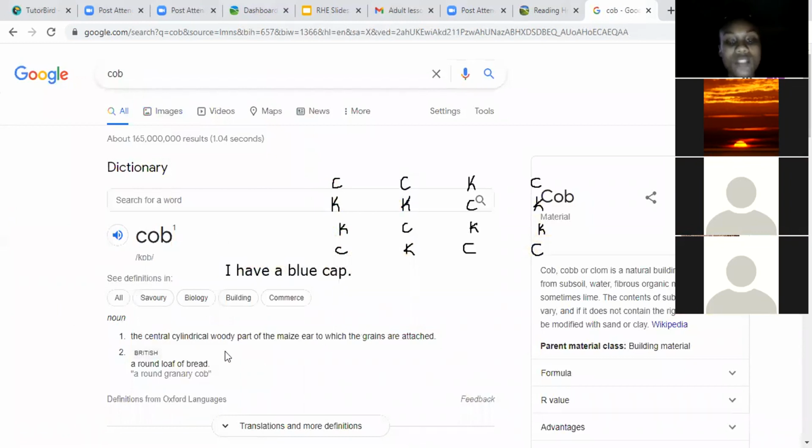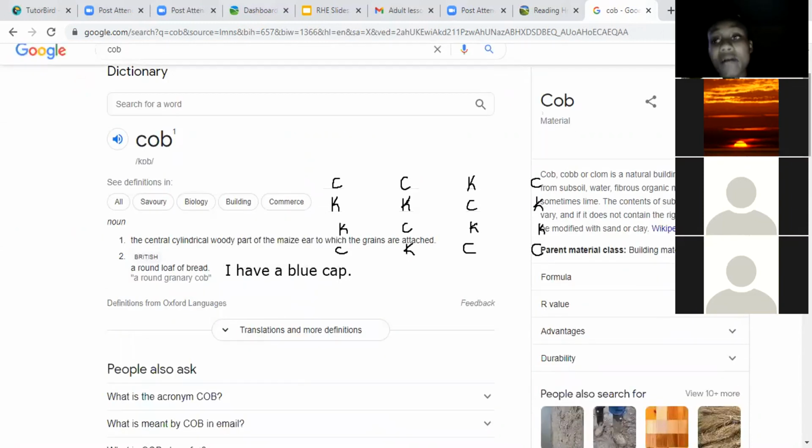So it has that one that we just saw, and another meaning: a round loaf of bread. So round bread, I guess, is a cob also. All right. So let me try a sentence with the word cob.